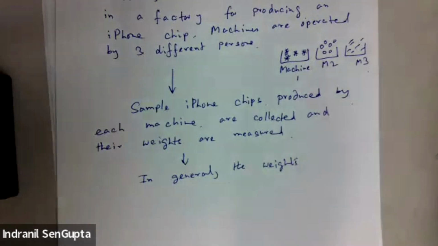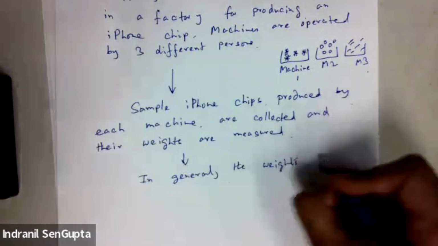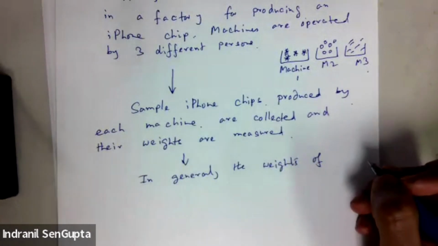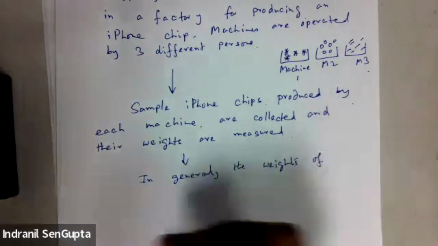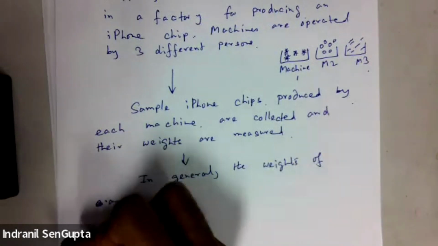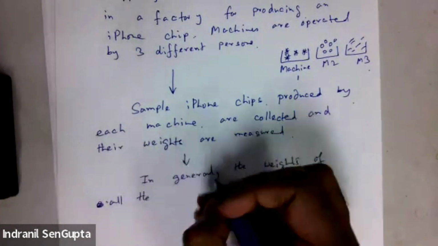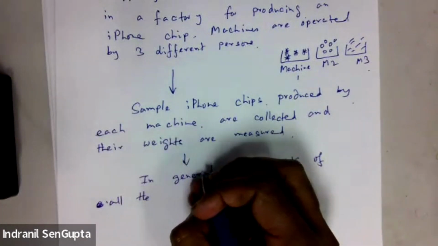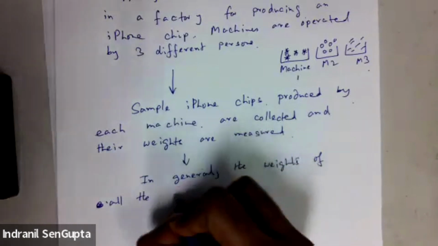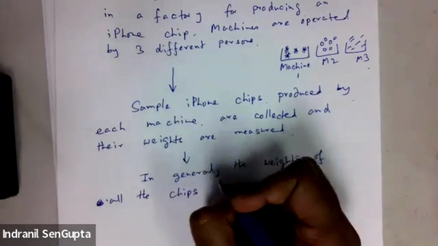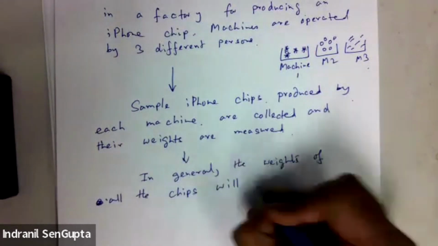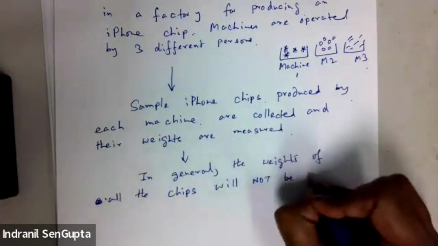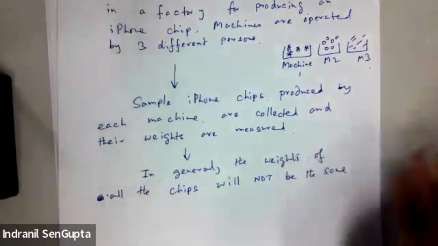The weights will vary very slightly, but they'll be different. The weights of each chip, of all the chips, will not be the same, right?